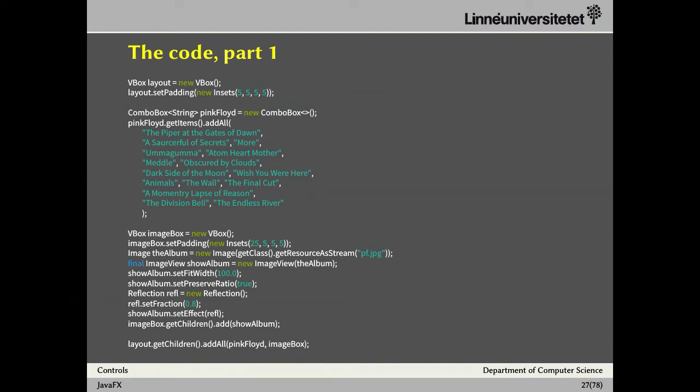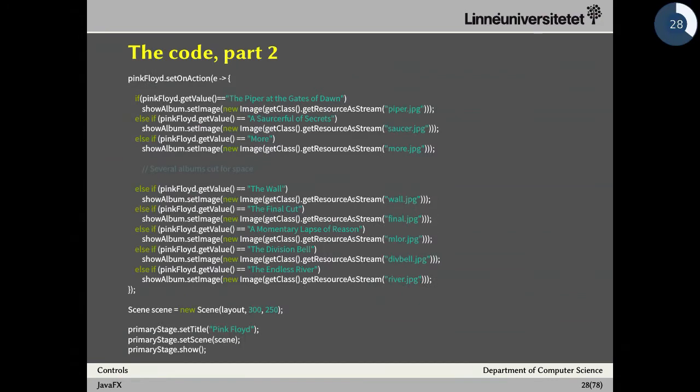The rest of the stuff in this code is to set up the layout itself. It uses a VBox, and we put in an image, and we have a default image, and we'll later on change that with a bit of reflection and so on. But the logic in this code is down here where we have setOnAction. So whenever we select something from the drop-down list, we will have this setOnAction fired, and then we go through the different values.